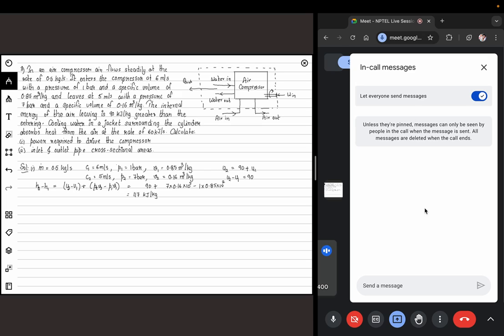Now we have our delta H. Now we apply the steady state energy equation. We have Q dot minus W dot. Since there is one inlet, we can directly take m dot out.